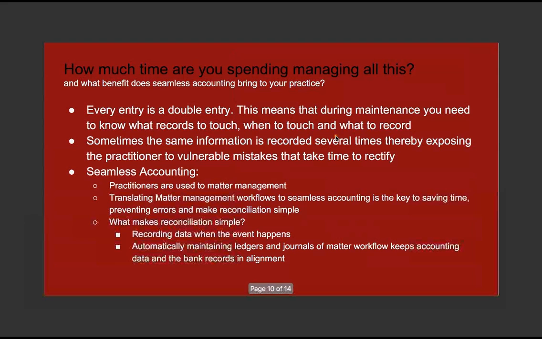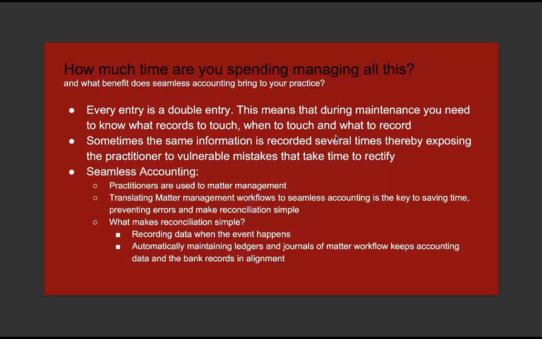How much time are you spending managing all these things? And what would be the benefit of actually using seamless accounting software? Let's talk about that. As you saw, you could do this in several ways. You could do this in QuickBooks. You could do this in spreadsheets. But all along the way, the problem was reconciliation. Obviously, in QuickBooks, you can do reconciliation much faster for general.